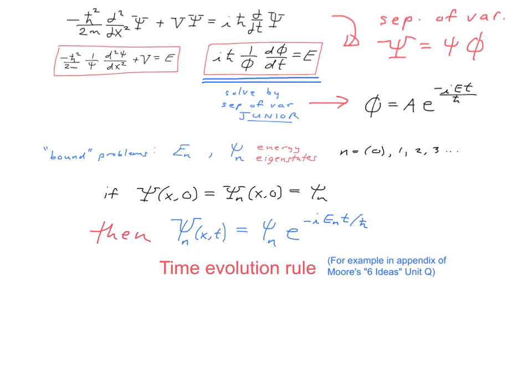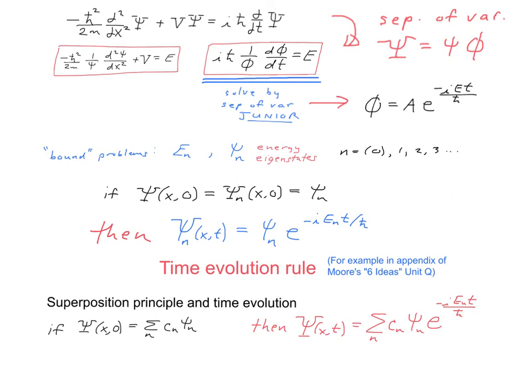Finally, there's one more thing we have to consider. In general, a quantum state can be a superposition. So, for example, if one of our bound state systems has an initial state function that is a superposition of the energy eigenstates, then applying the superposition principle in combination with this time evolution rule, where each of these energy eigenstates will evolve like this, then the quantum state at time t will be just this superposition here.